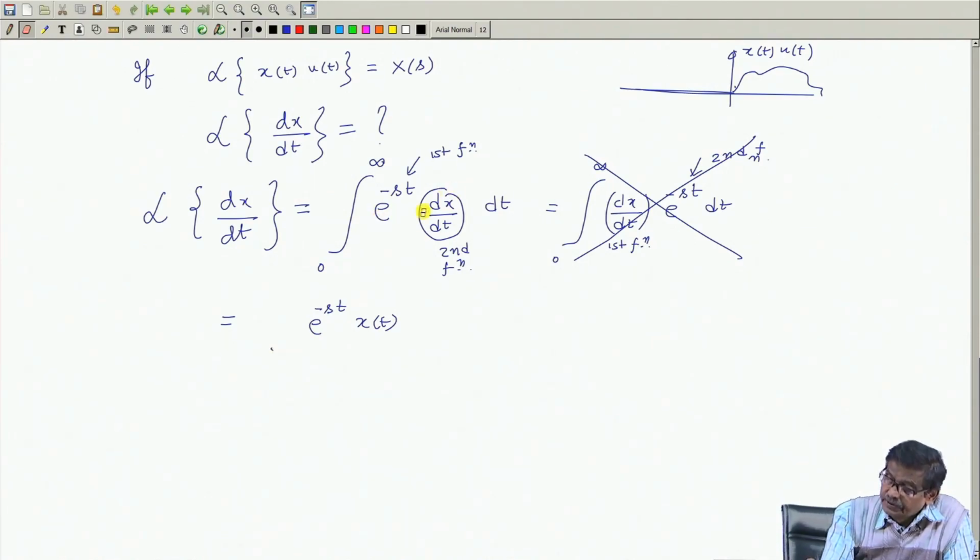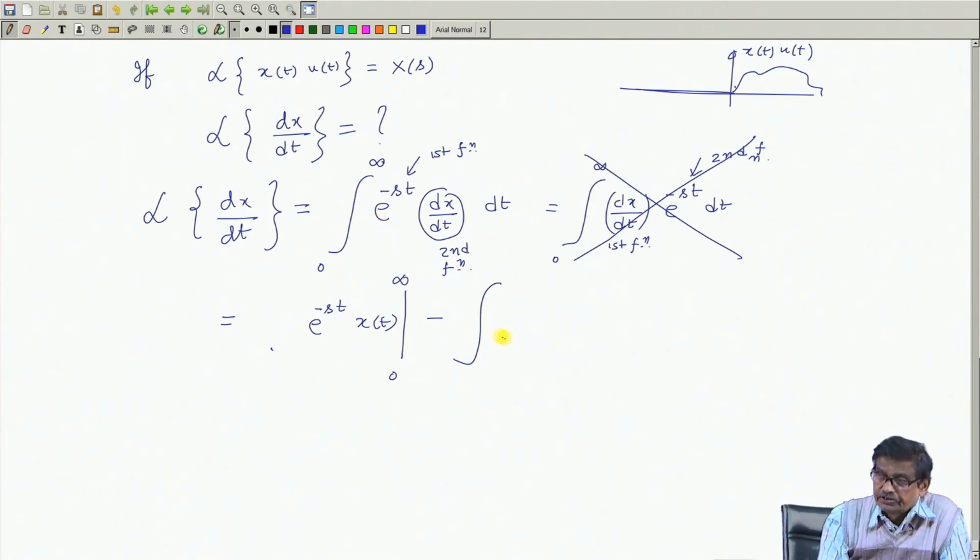First function into integration of this second, and then I have to put the limits between 0 to infinity, minus integration of differentiation of the first function, that is minus s into e to the power minus st into integration of the second, that will be x(t) and dt. This will be the thing.